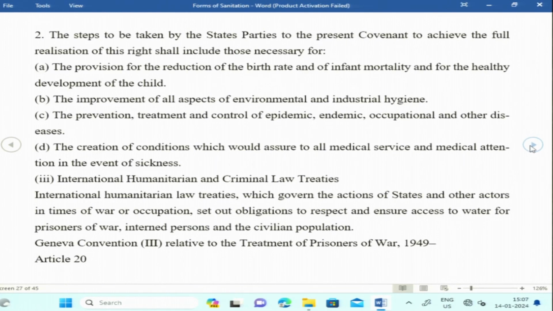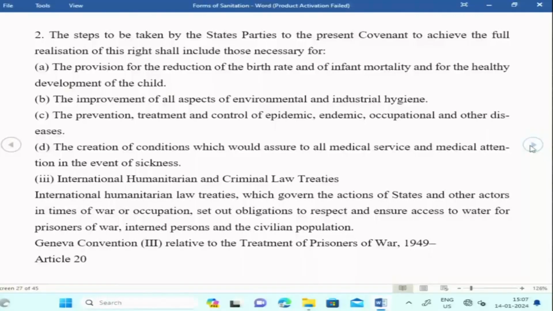We try to speak about the improvement of all aspects of environmental and industrial hygiene, the reduction of the birth rate or the infant mortality rate, and the creation of conditions which are basically meant for all medical services. All these things are going to bring about a certain amount of ease with regard to citizenship, and that of course is one important aspect related to this particular issue.